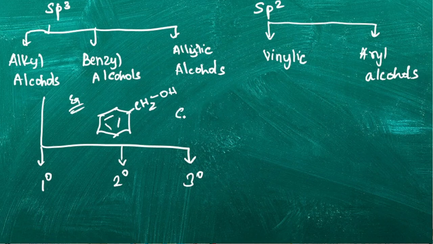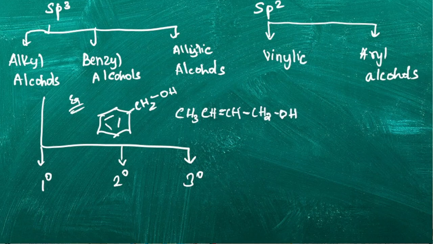Then allylic alcohol, when you have something like this: CH3, CH, double bond, CH, and CH2, OH.